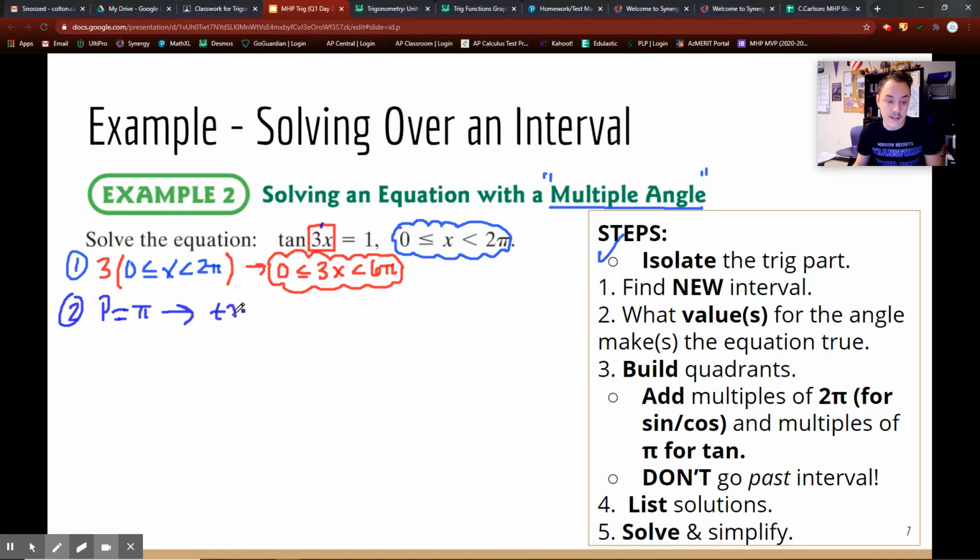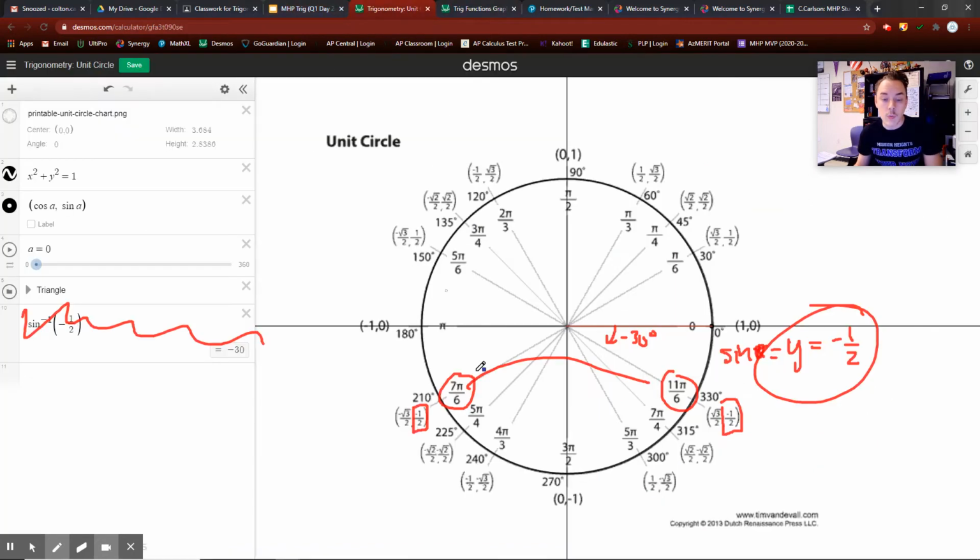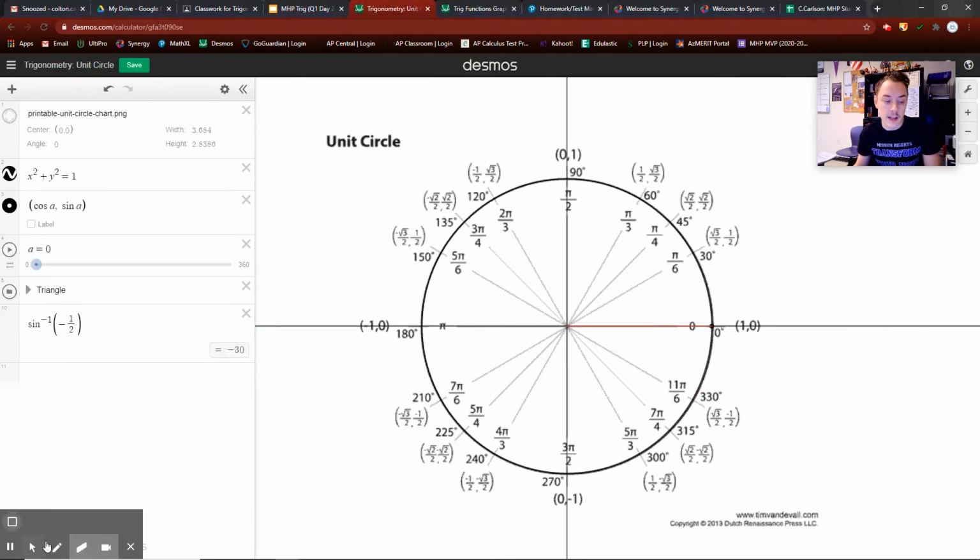Okay, tangent, so I'm literally going to write this out. Tangent equals 1 at pi all over 4. Now, you may be wondering, well, it also equals 1 in a different area, like down here, right?